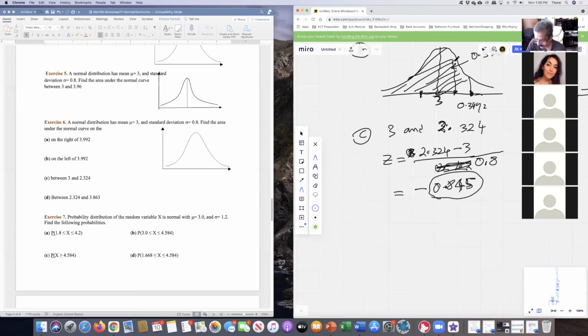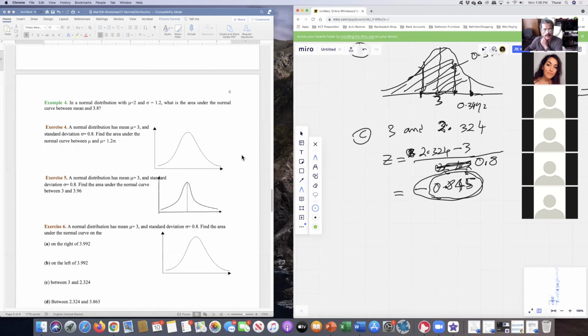The area is the same, isn't it? Agreed? Area is the same on both sides. So when you get negative 0.845 as the z-score, you can just look up 0.845, because the area on the left is equal to the area on the right, going the same distance.